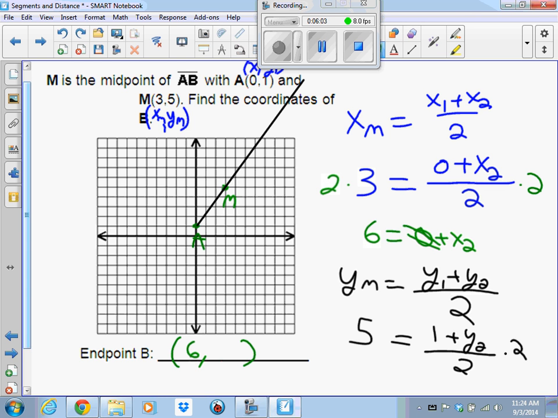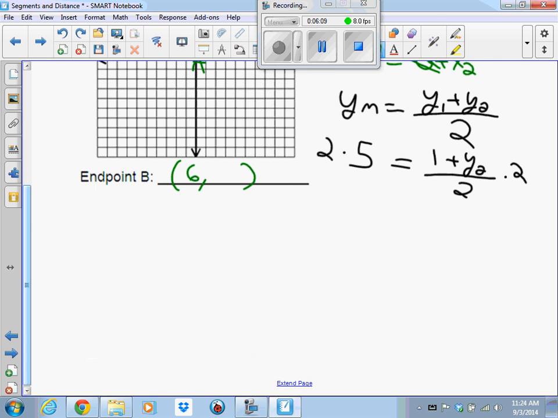So we multiply by 2 on both sides. We get 10 equals 1 plus y2. Subtract 1, and 9 is the value of my second point. So the point B is going to be at 6, comma 9. We'll work on some of these in class.